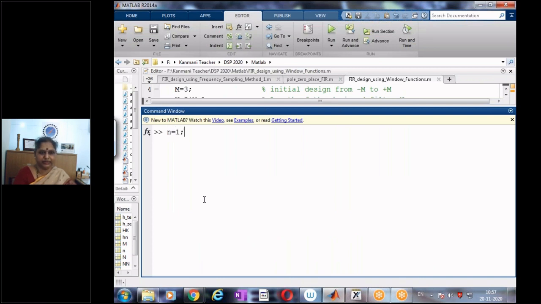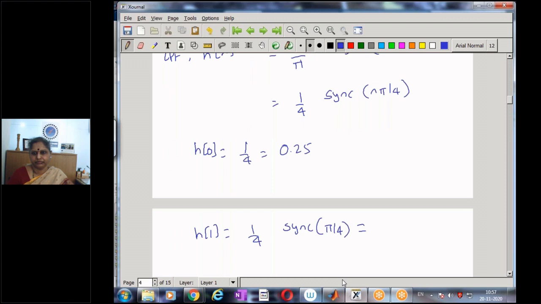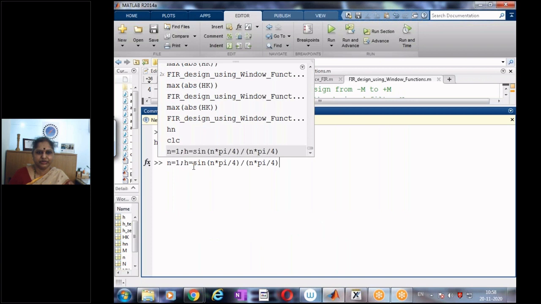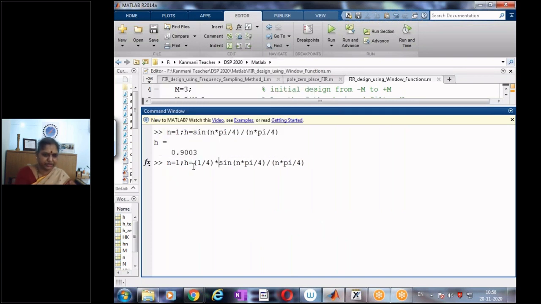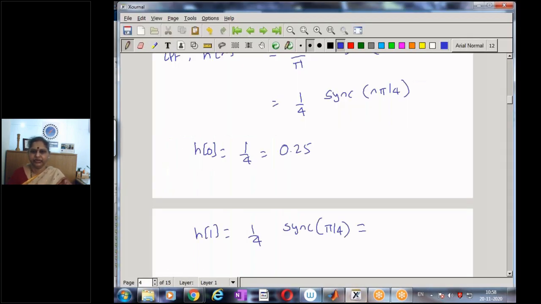I have n equal to 1, and my h is equal to 1 by 4 times sine n pi by 4 divided by n pi by 4. So I have the value as 0.22.